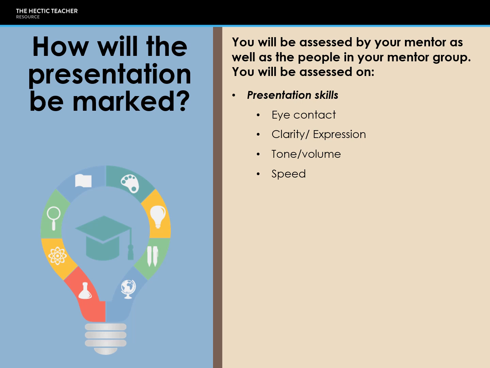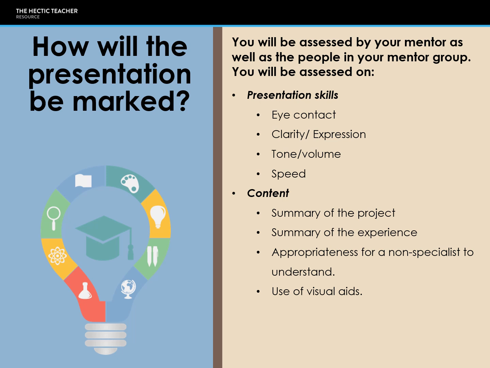Those sorts of skills are what we're going to be looking for. We want to see you confident, we want to see eye contact or a semblance of it, clarity, understandable, good tone, good volume, good speed.